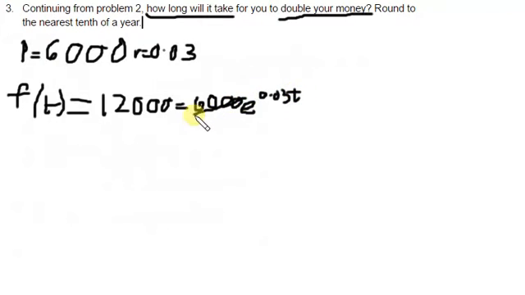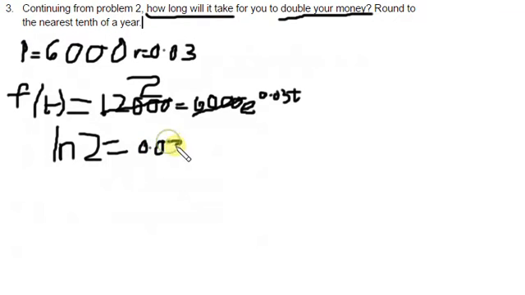Now we can divide both sides by 6,000 and get 2 is equal to e to the 0.03t. Taking the natural log of both sides gives us natural log of 2 equals 0.03t.